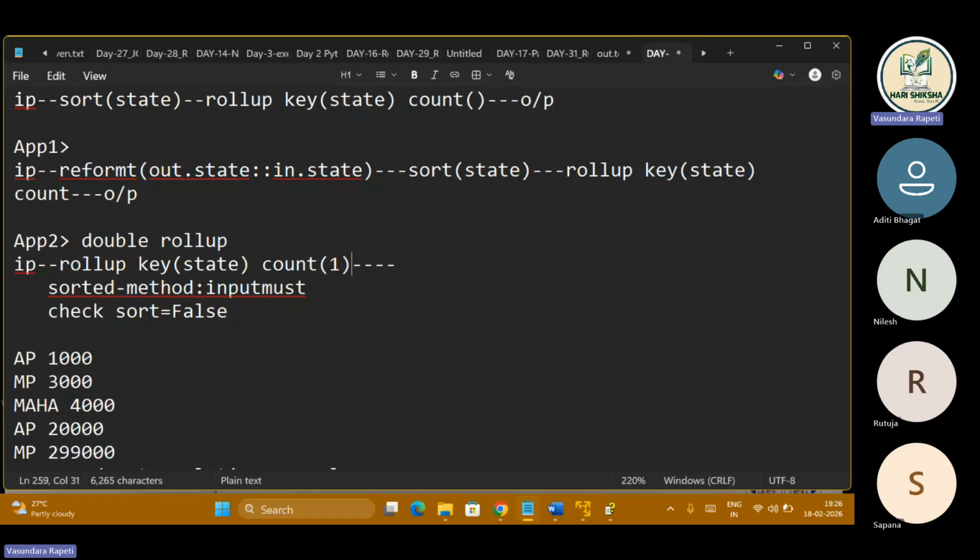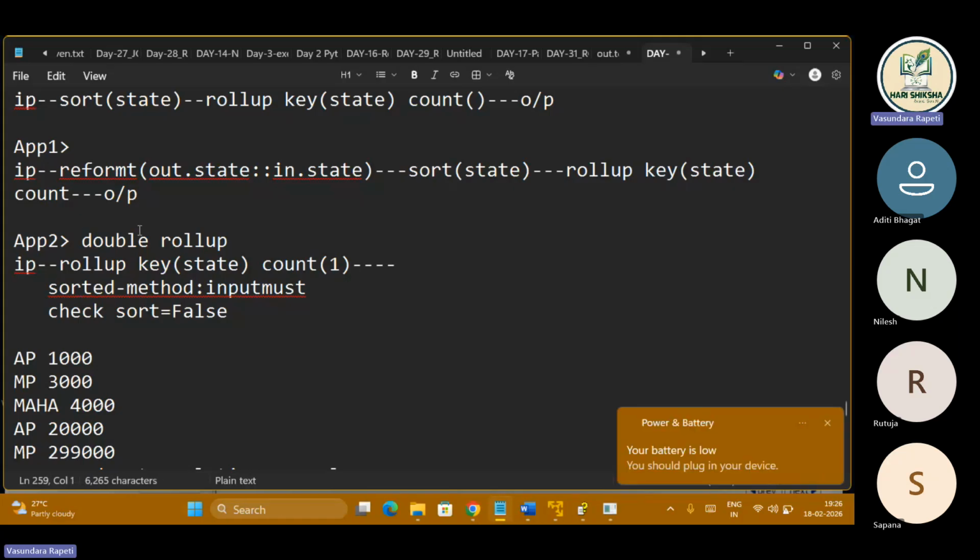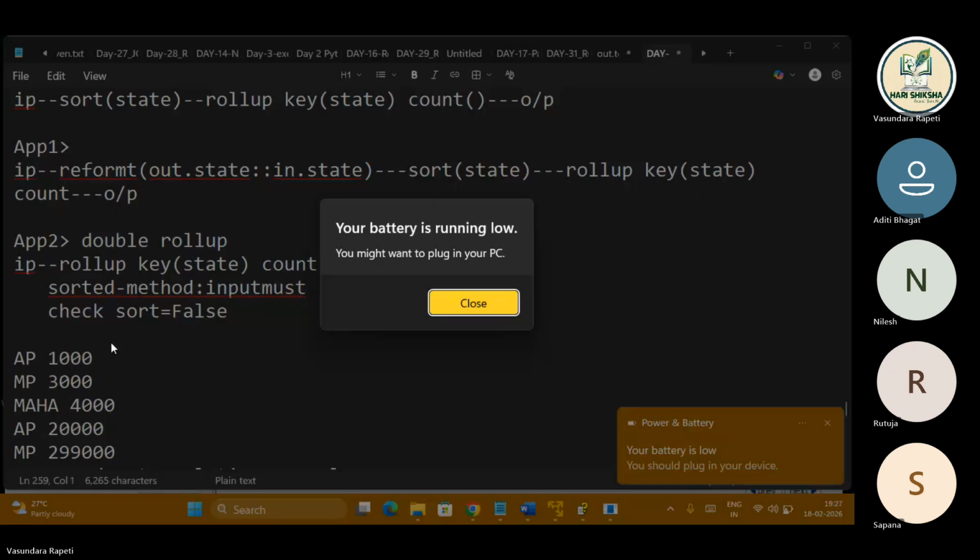But what is the benefit of doing this? Think and tell me.